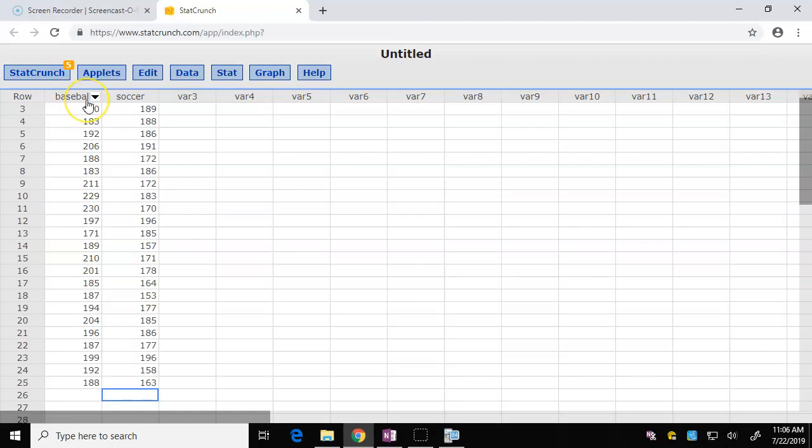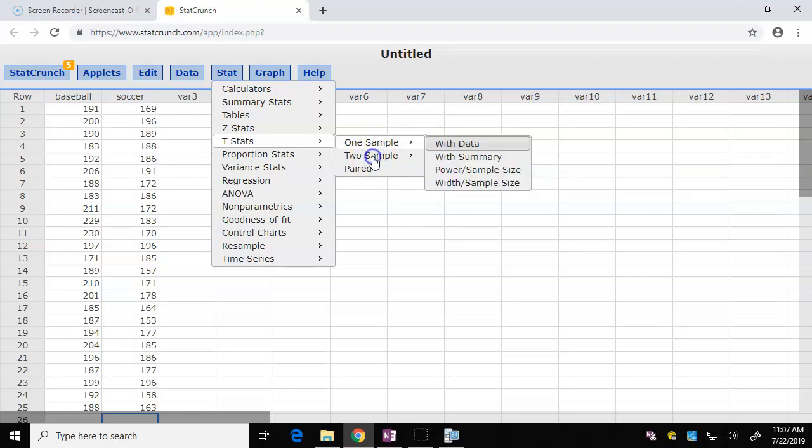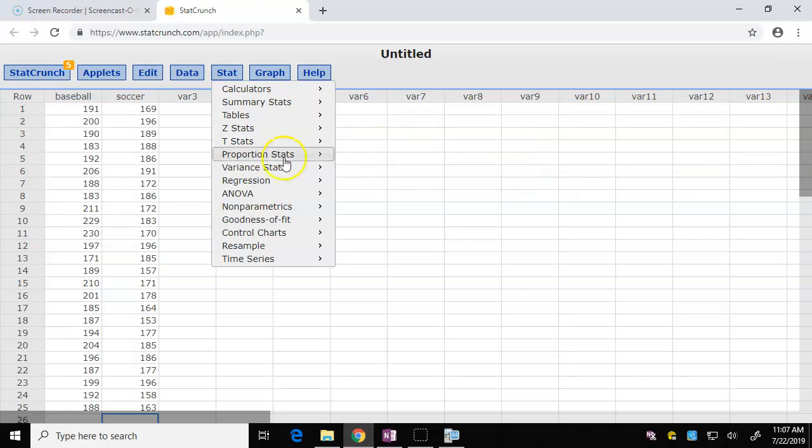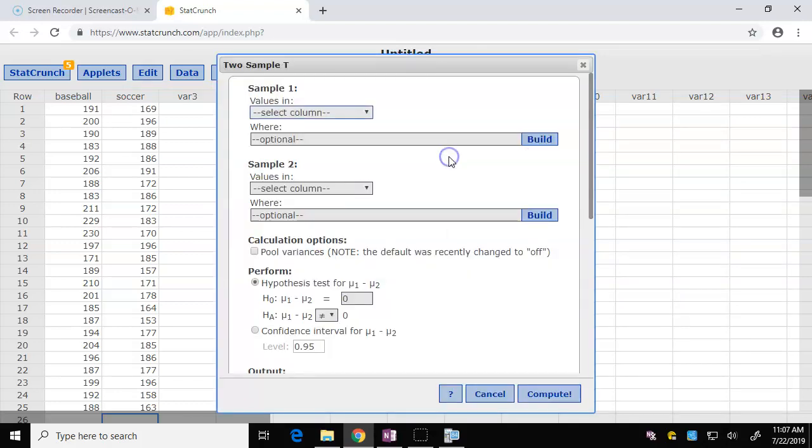Perfect. All right, so now we got our data in. Now what? Stat, T-stat, two sample. And this is not paired. So be careful, there might be a paired one on there. But most likely, since this one's not paired, I don't think the other one will be paired. Two sample with data.